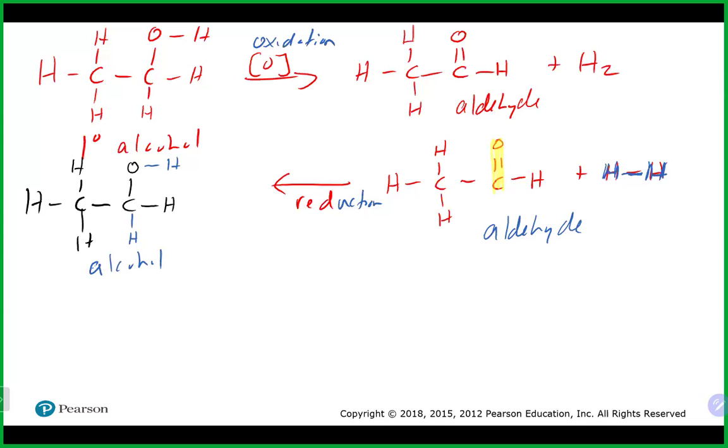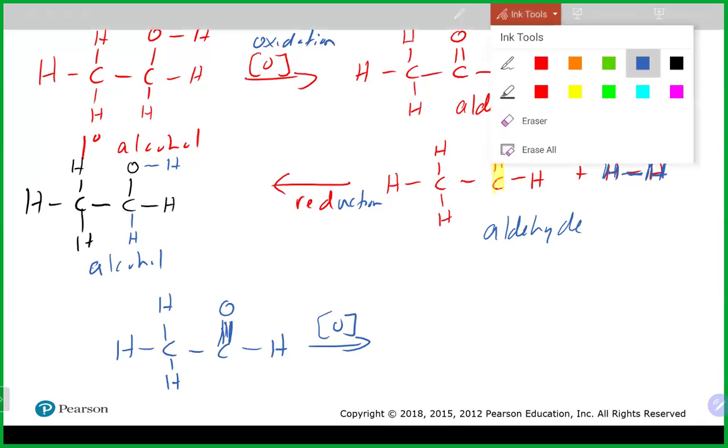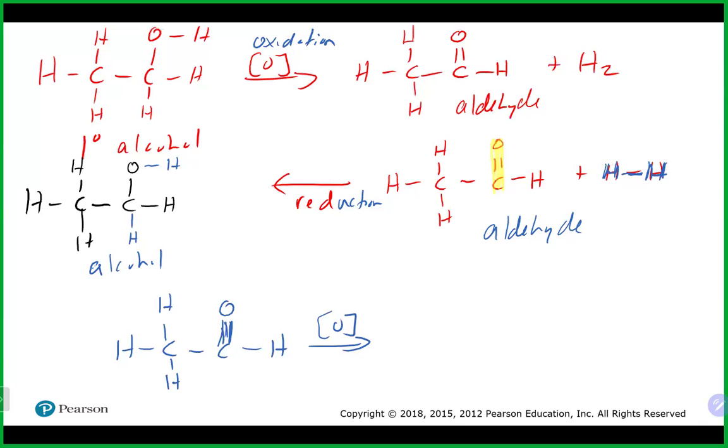But in this case, if we take the aldehyde that we made, it can also get oxidized one more time. So a primary alcohol can get to an aldehyde. And if you want to keep going, you could actually oxidize the aldehyde one more time.